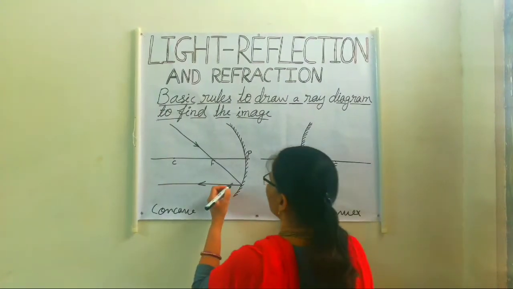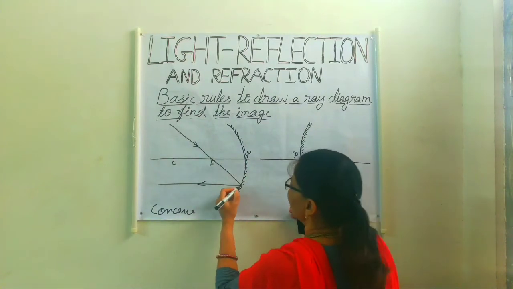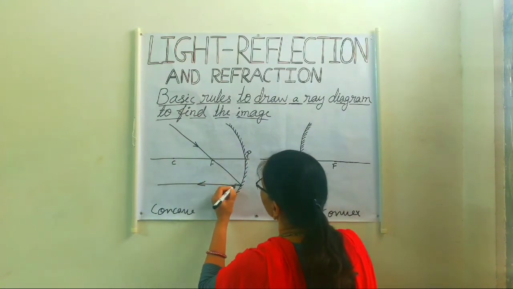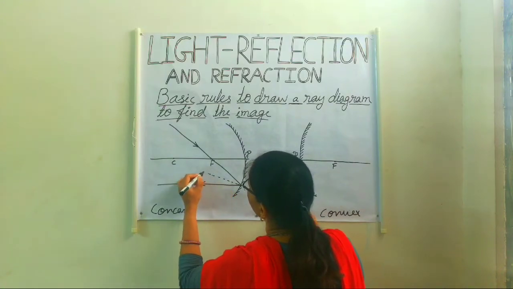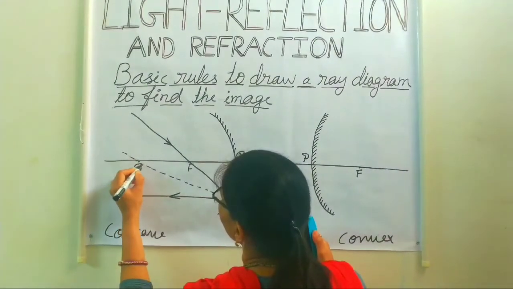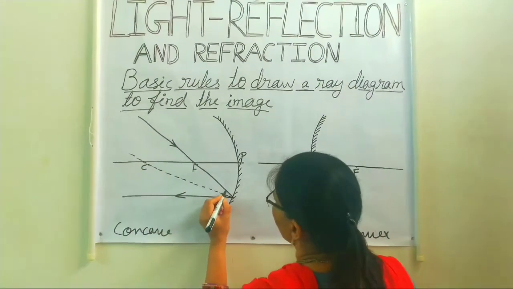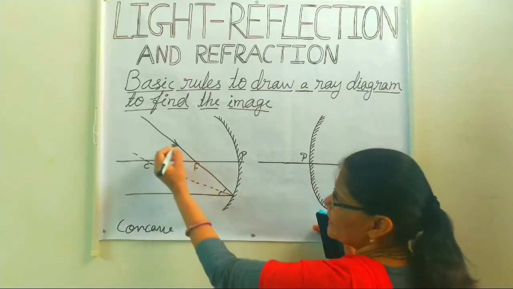When we draw a normal from the point of incidence, let us draw a normal. This is our incident ray. We have to put an arrow like this.